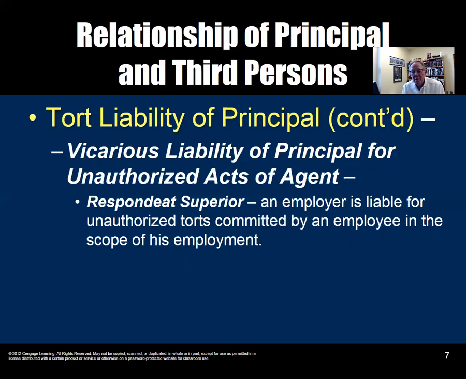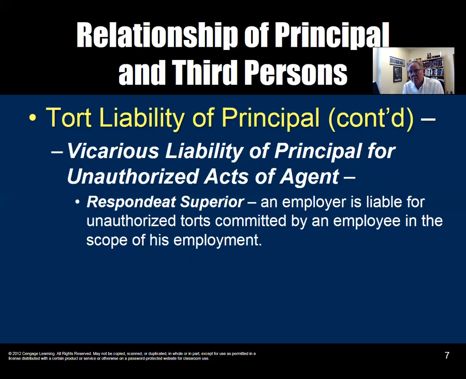If you can prove that the employee is on, I love this legal term, a frolic and detour, then they're acting so far out of the scope of employment that the employer would not be liable. For instance, if that employee took the bus outside of the route for the pickup or delivery, and instead was running a personal errand and got in a wreck, then that would be something for which the organization may not be liable.